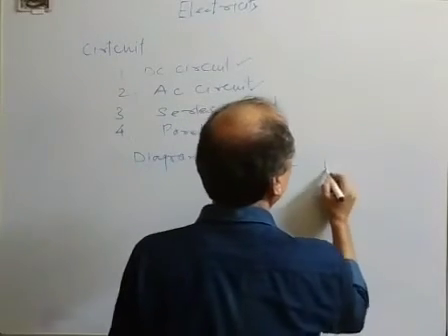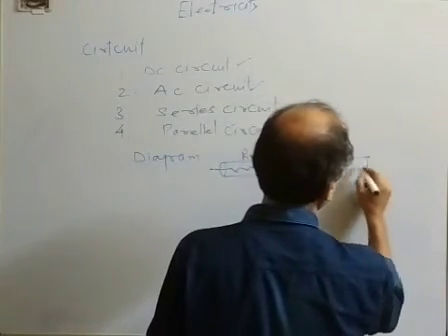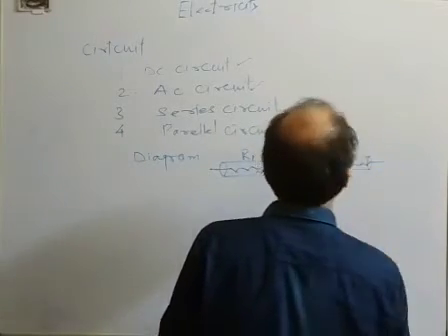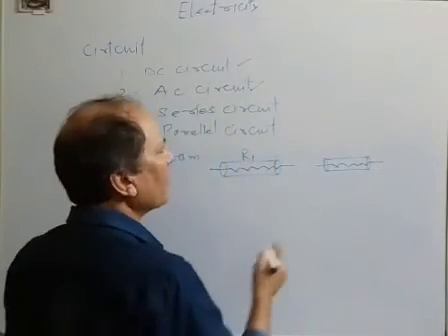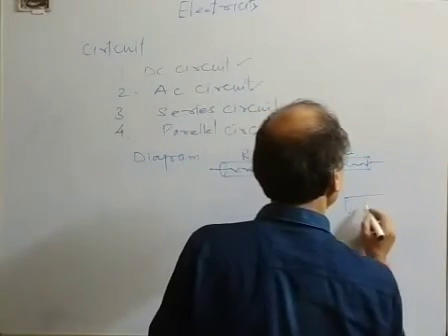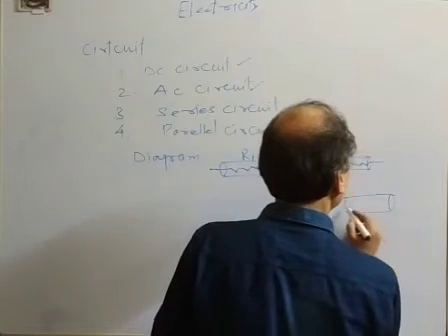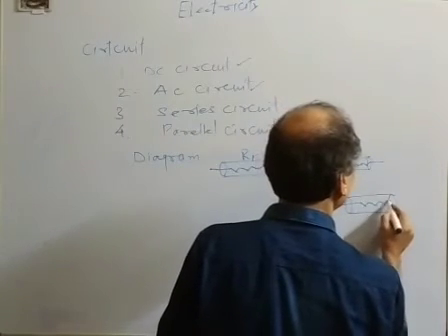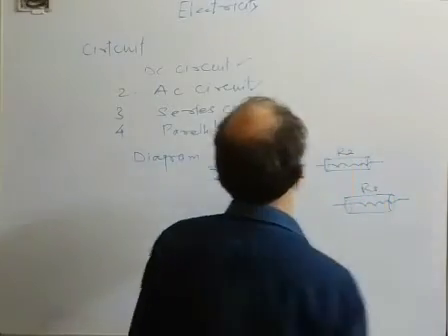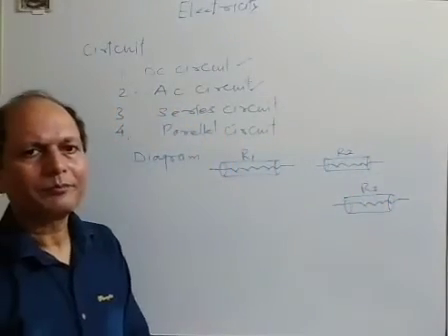Suppose it is second resistor R2, and suppose it is third resistor R3. There are three resistors.